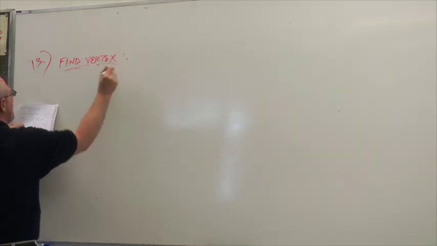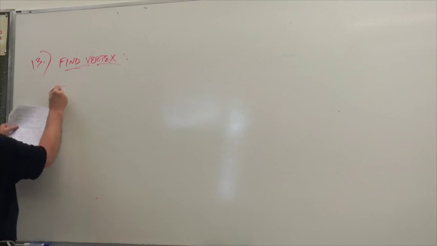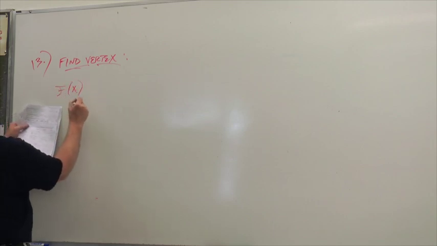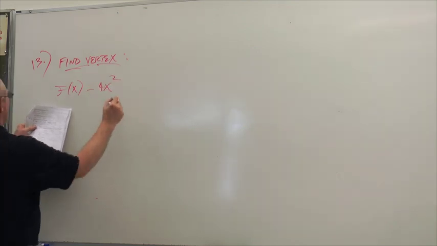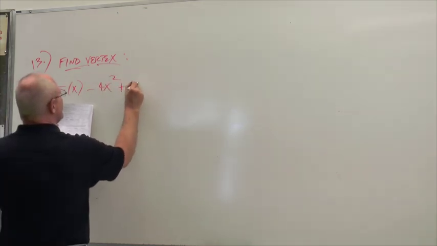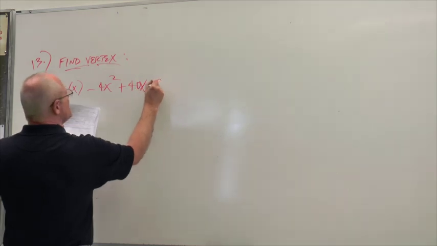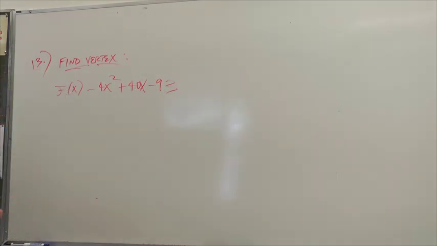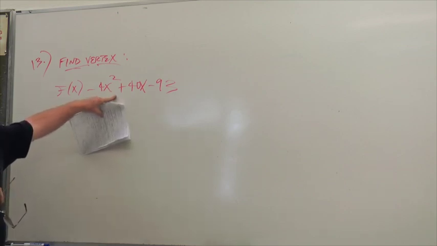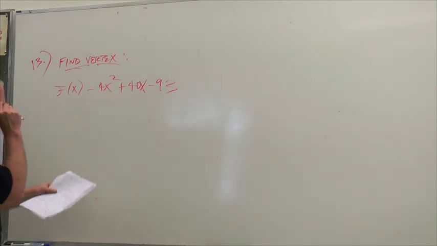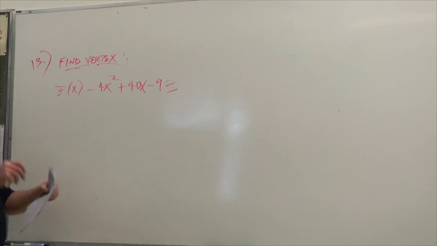It's giving a function, f of x is equal to negative 4x squared plus 40x minus 93. Now that's the original quadratic. This would produce a parabola, right? The parabola has a vertex.